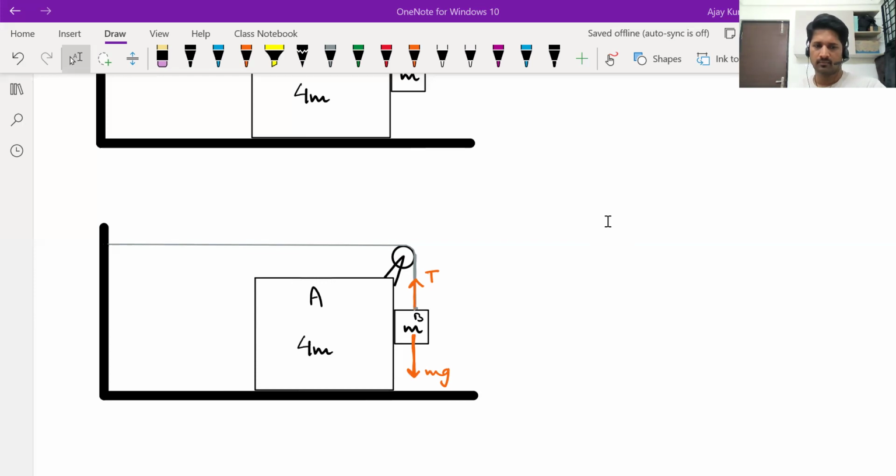That's why 4m will move. What makes the pulley move to the left? See, the pulley is connected to the block of mass 4m, so pulley and block are one system now, one object. You are thinking the pulley has a tendency to go to the left, that's why the block goes to the left. Correct. What makes the pulley go to the left?